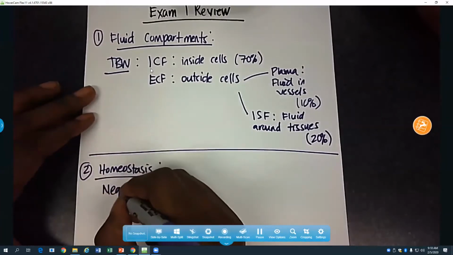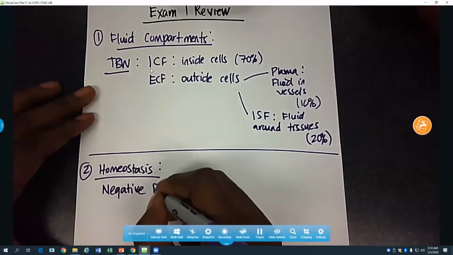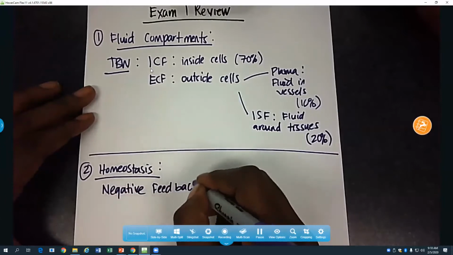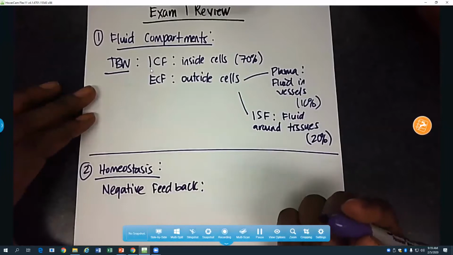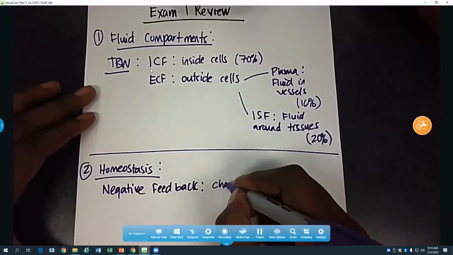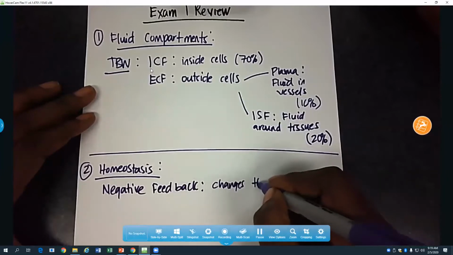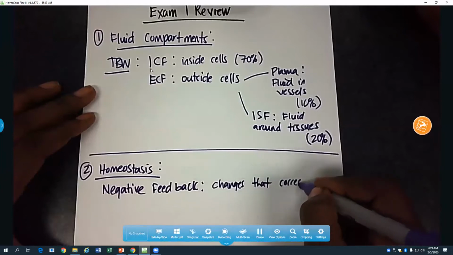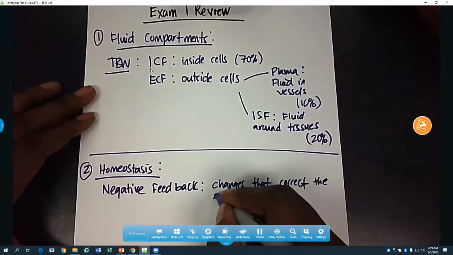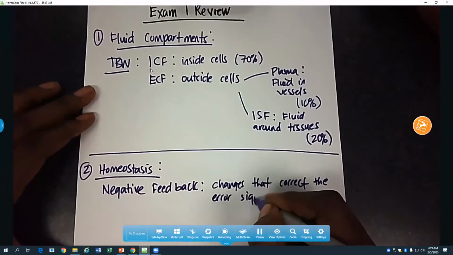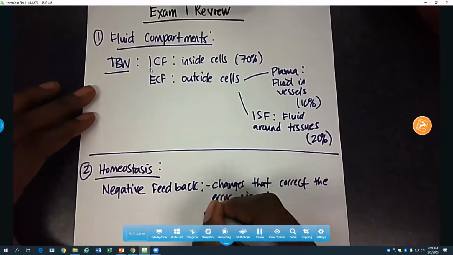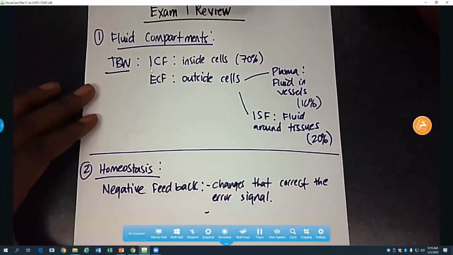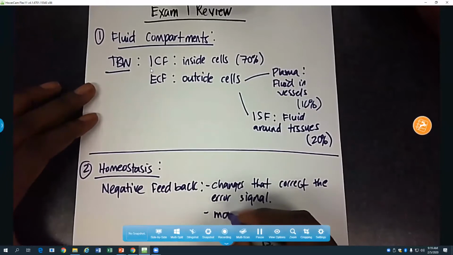This was negative feedback, which were described as changes that correct the error signal. Okay. We also described as moving towards the set point.